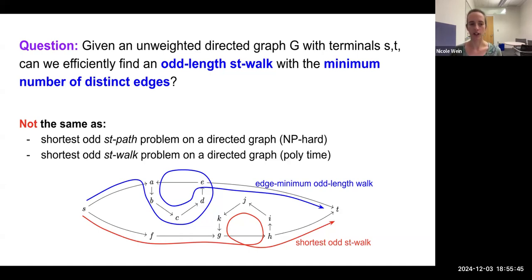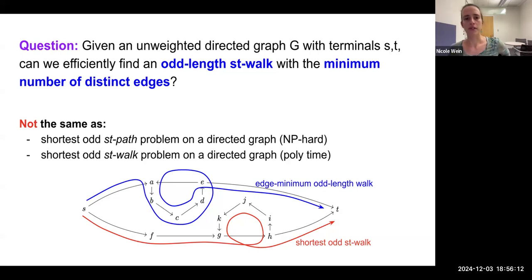But you could also imagine adding an ST simple path of length, let's say 101, and then the answer to the shortest odd ST path problem would be 101. So all three of these problems can have different answers, and the shortest odd ST path and shortest odd ST walk are both well studied, but this new problem, as far as we know, hasn't been studied.